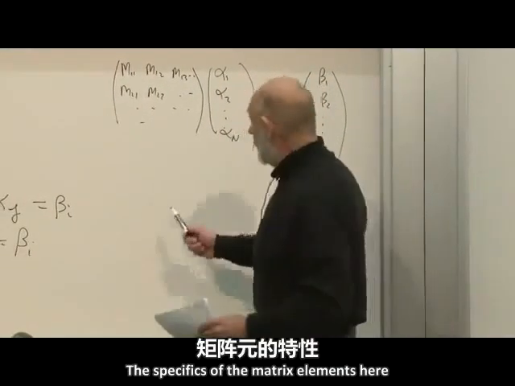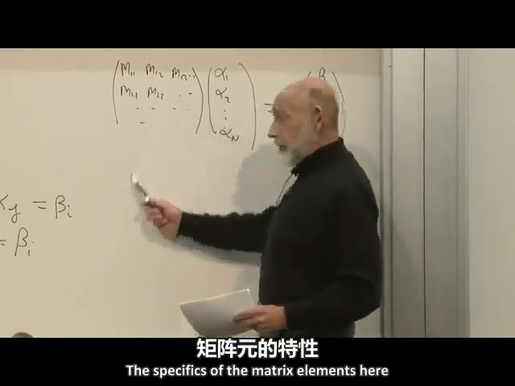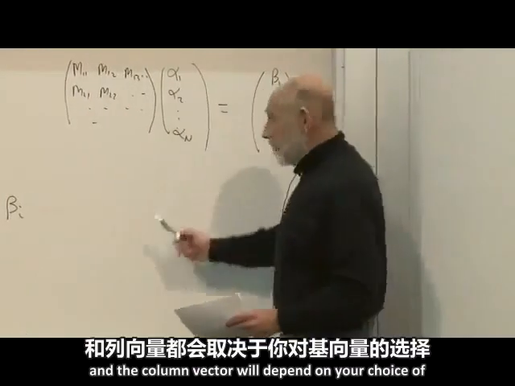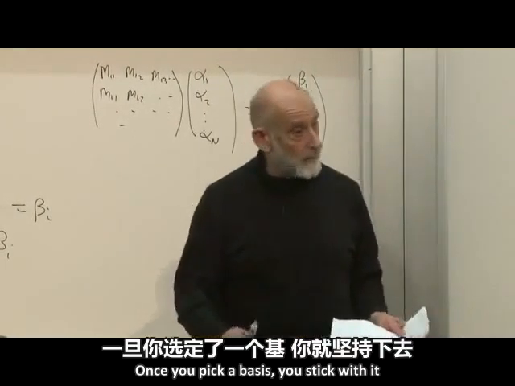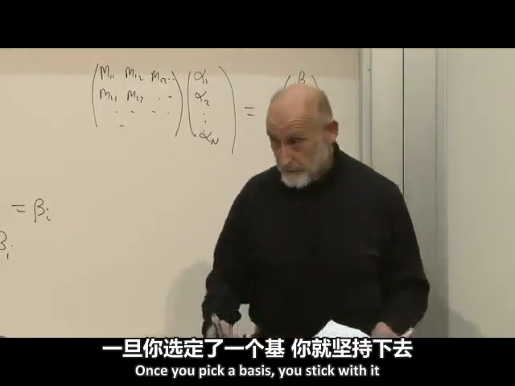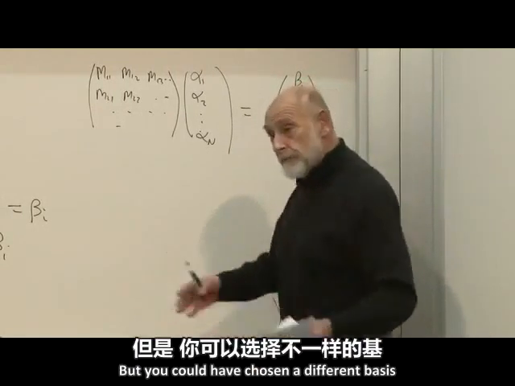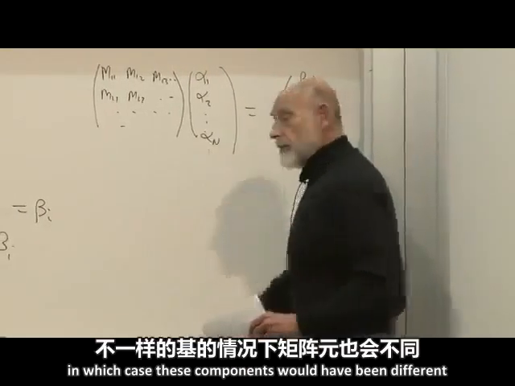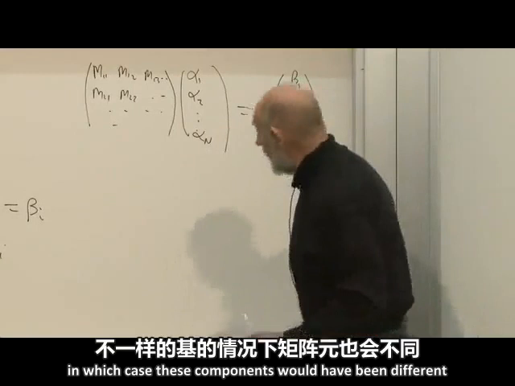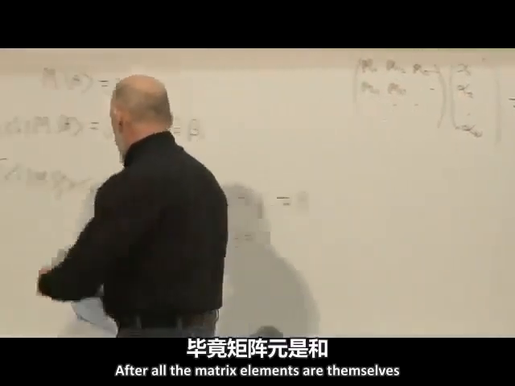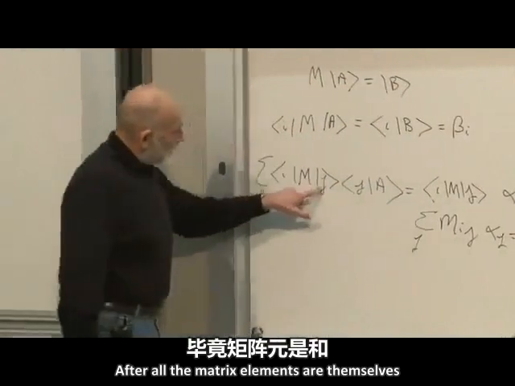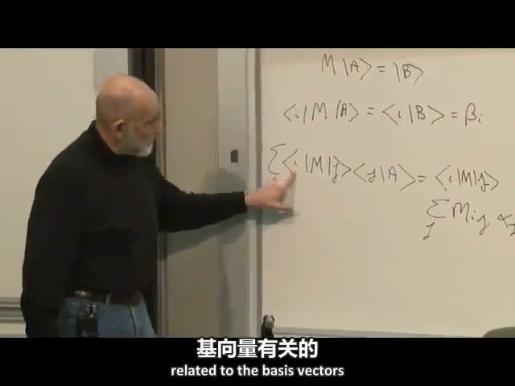The specifics of the matrix elements and the column vector will depend on your choice of basis; once you pick a basis, you stick with it. But you could have chosen a different basis, in which case these components would have been different. After all, the matrix elements are themselves related to the basis vectors.